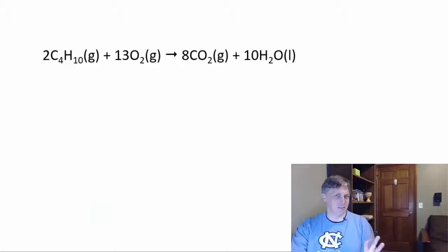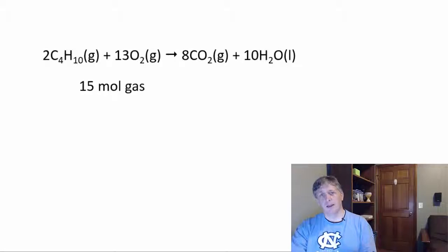But for this example, everybody's in the gas phase, which again, like we said before, has the highest entropy. But let's change water from a gas to a liquid, which I know probably isn't going to happen in a real combustion, but bear with me. Now, in this example, we have 15 moles of gas, but on the product side, we only have 8 moles of gas.